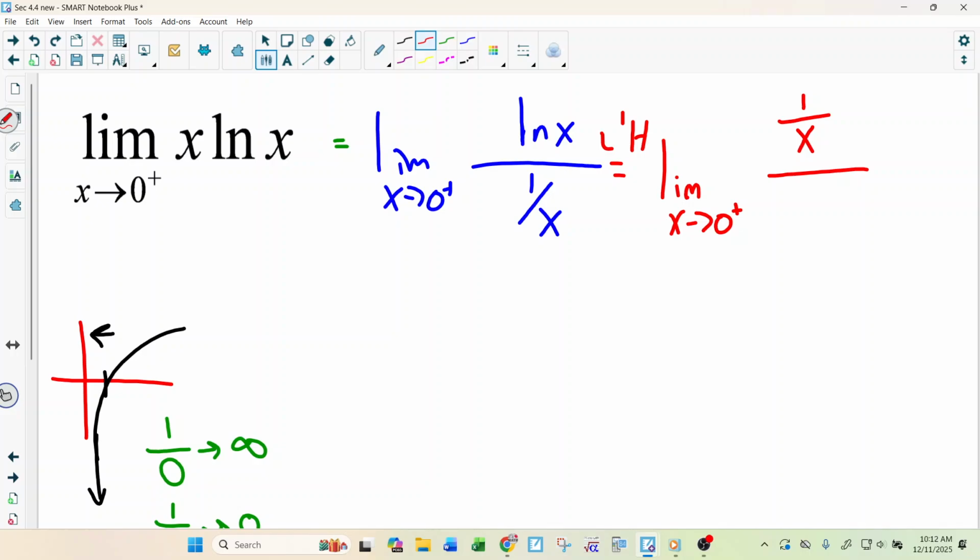And then how would you take the derivative of 1 over x? Don't say quotient rule. I would think of it as x to the negative 1, and then bring down the negative 1 and subtract 1 from the exponent.